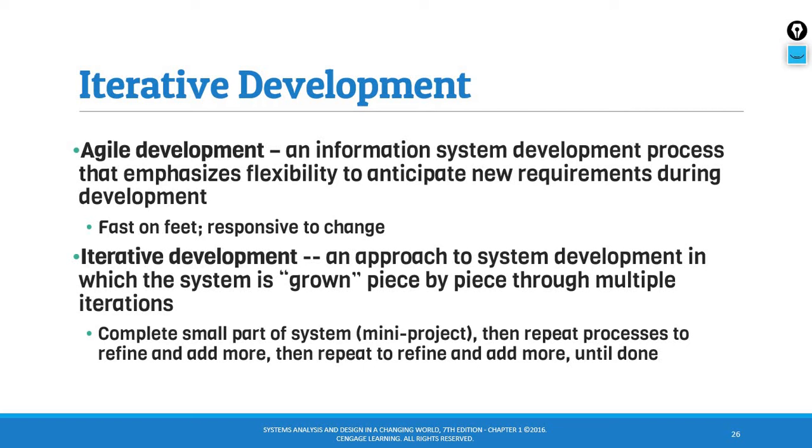The 6 core processes are still involved in agile development, but they are carried out iteratively. What that means is that iterative development is an approach to system development in which the system is grown piece by piece through multiple iterations. So the core components are developed first, and then additional components are added.